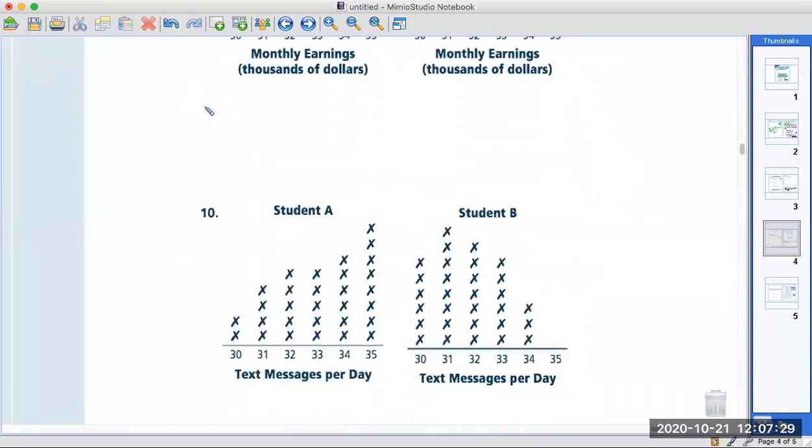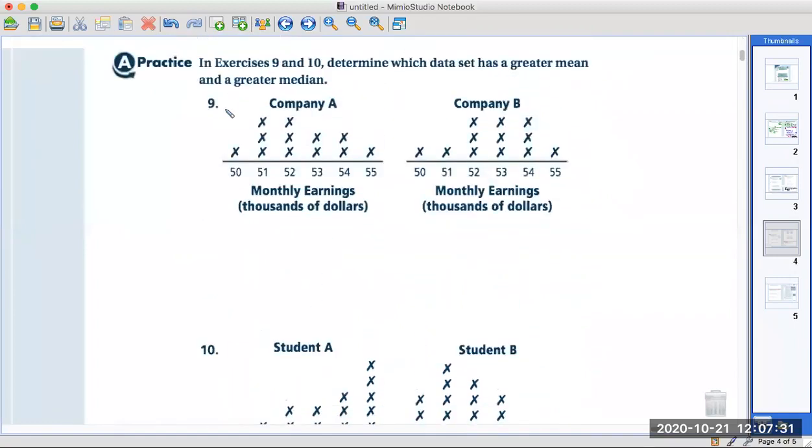What is this one? Text messages. Okay, determine which data set has a greater average and greater median. So you got two companies, Company A and Company B. And these numbers are the monthly earnings in thousands of dollars.